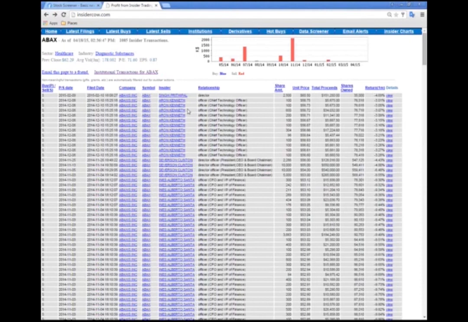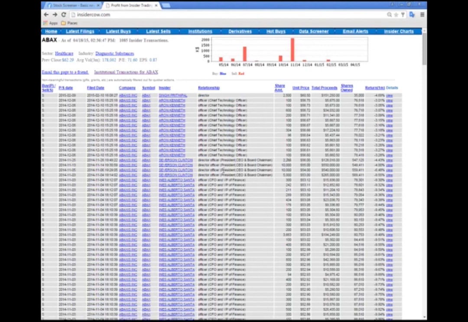Last but not least, track record. One thing you can also do, which I find very, very interesting, is to go in and look at the individuals that are actually buying or selling the stock and pull up their track record. So we can see that Mr. Clinton Seville sold off a fair chunk.